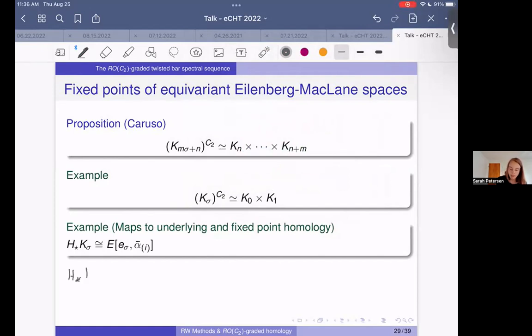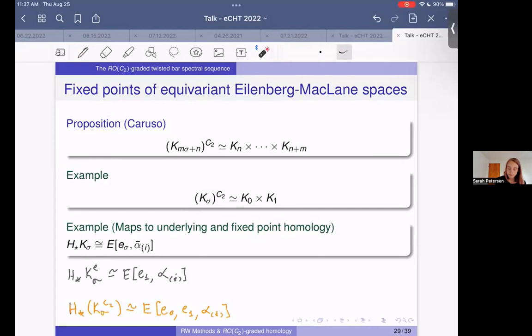The homology of the underlying is exterior on a generator e1 and generators alpha parentheses i, and the homology of the fixed points is exterior on generator e0 in degree 0 to account for a copy of K0, e1, and alpha i.